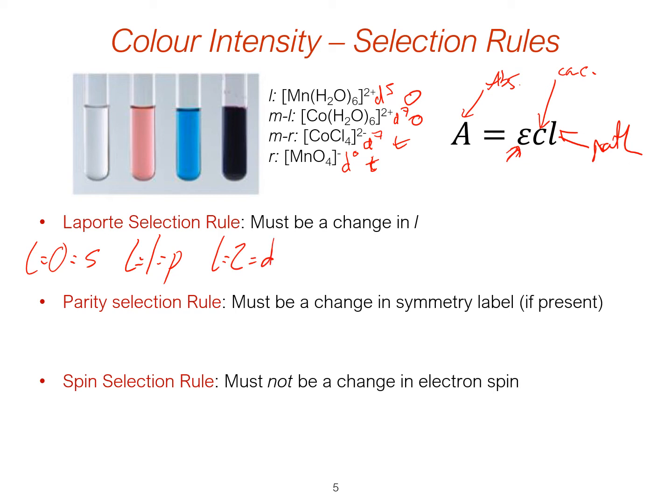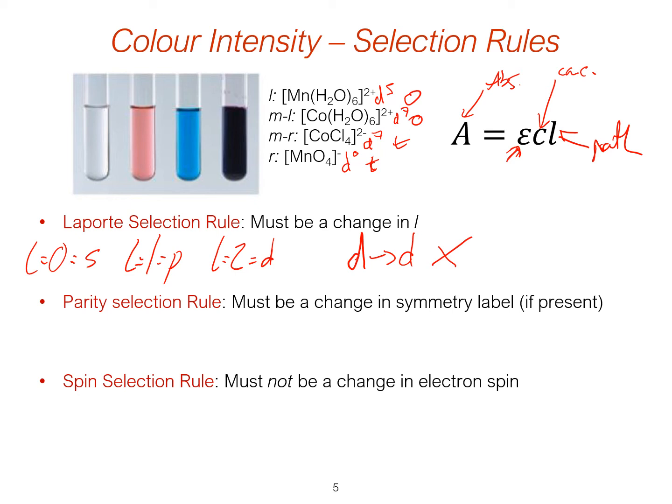So what we saw on the last slide is that where the colour arises from, for the example of an octahedral complex, is an electron being promoted from a t2g orbital to an eg orbital. Now t2g or eg, they're all d orbitals. So this is actually a d-d transition, and by the Laporte selection rule is not allowed.